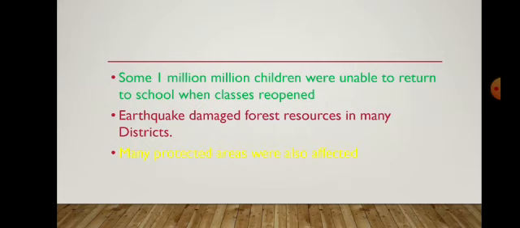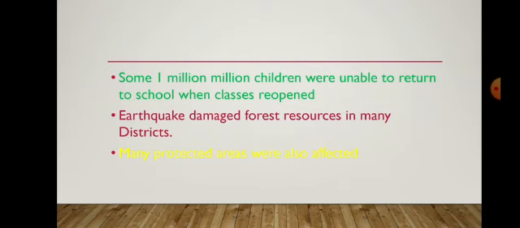The earthquake also damaged the forest resources in many districts, especially the pine forest and subtemperate type of forest, which were all affected. It also affected protected areas, like national parks and reserved forests.